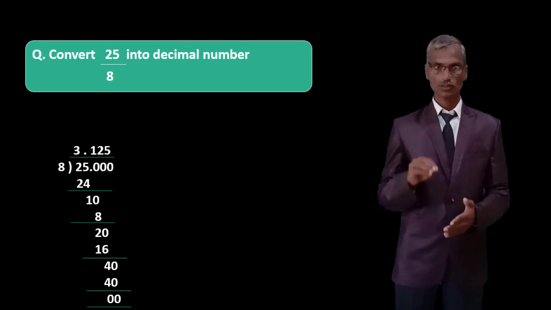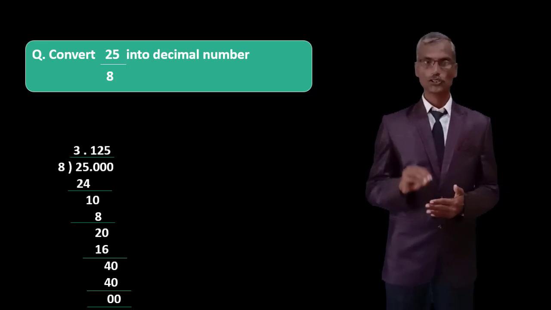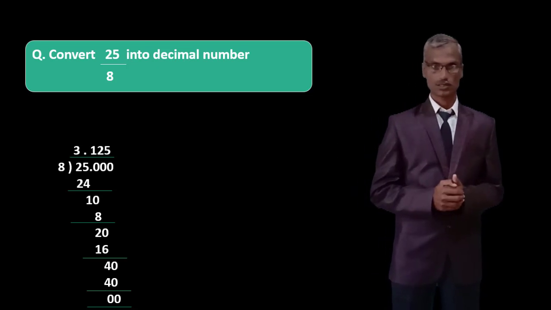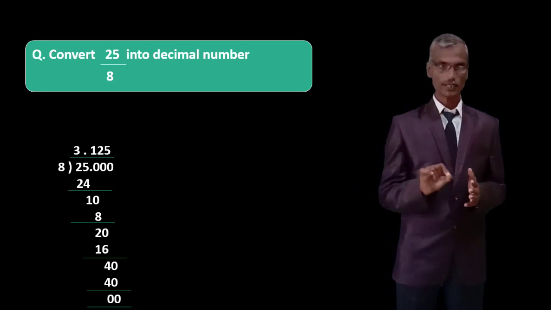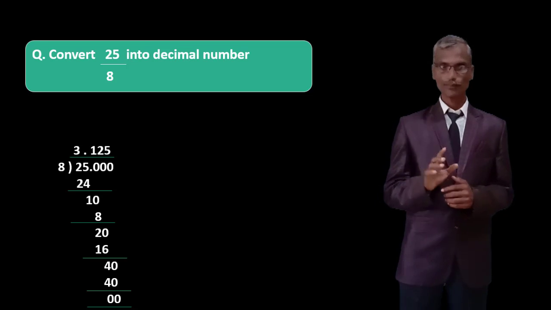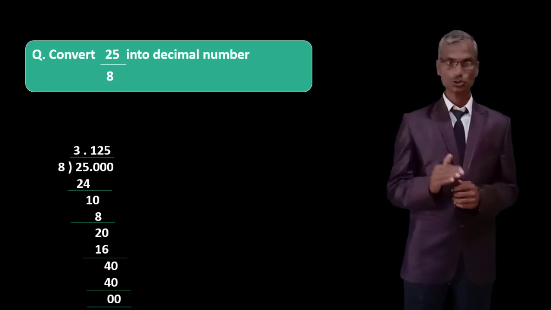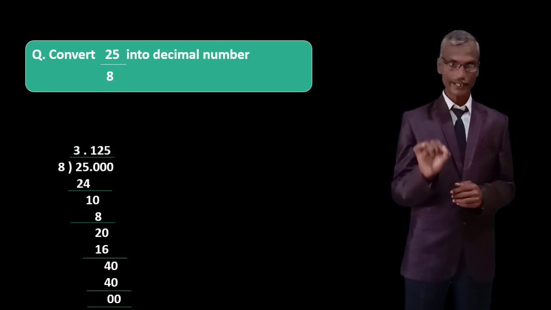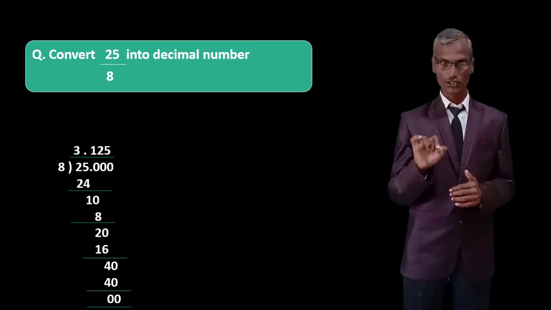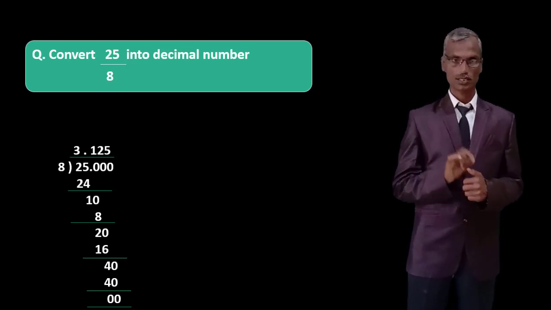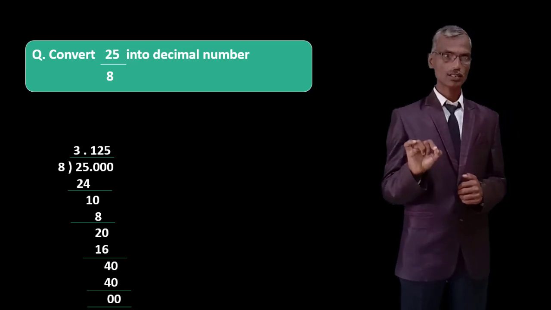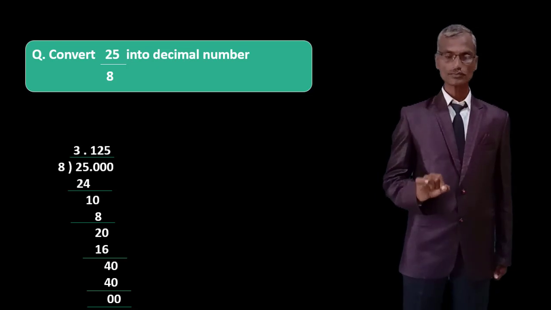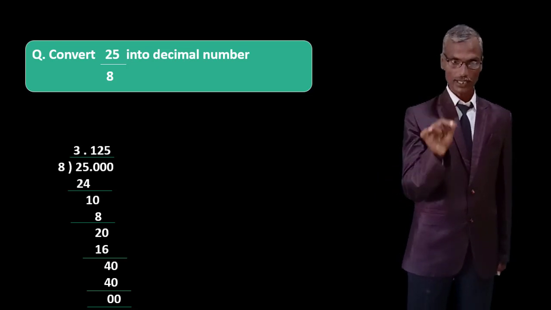Now, example, convert 25 upon 8 into a decimal number. 25 is divided by 8. By simple division method, 8 3s are 24. Write 24 below 25, we get 1. Now place the decimal point in the quotient and we bring down 0.